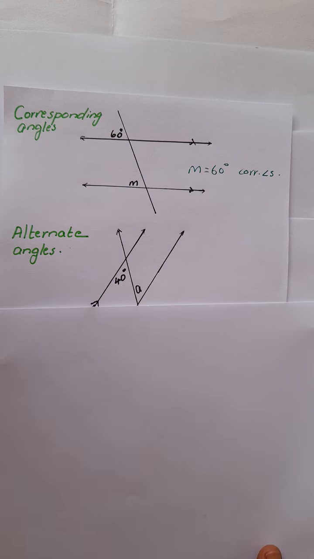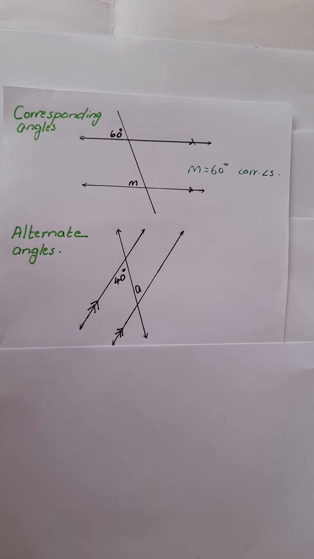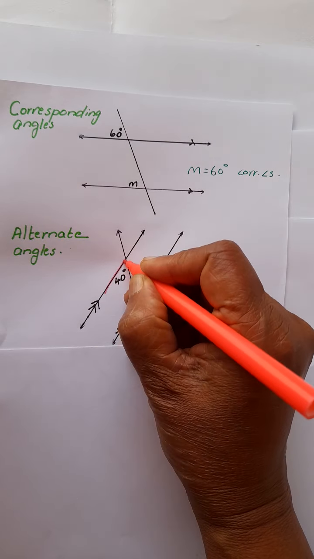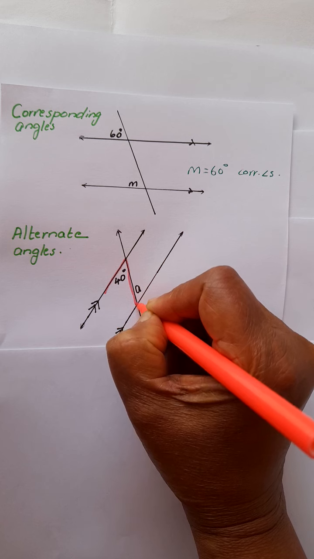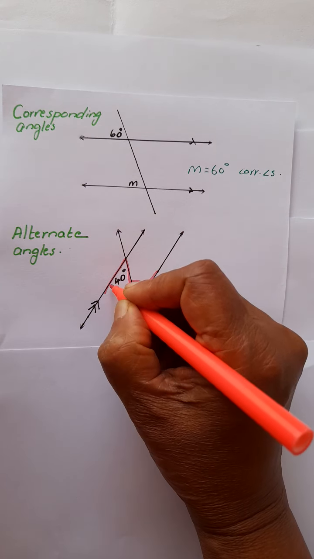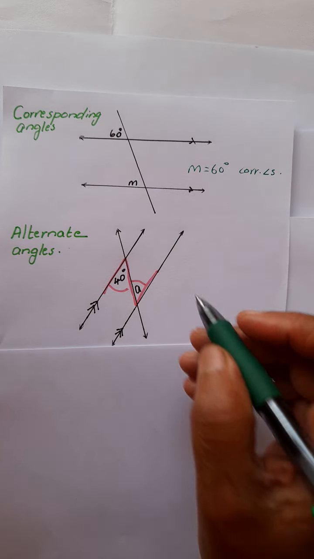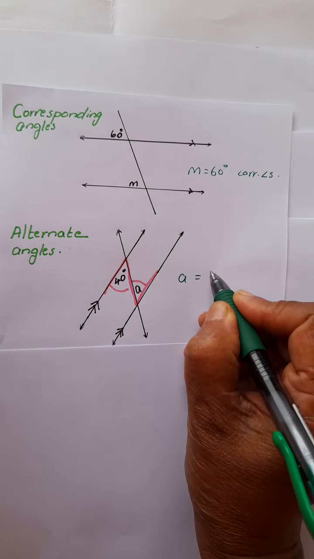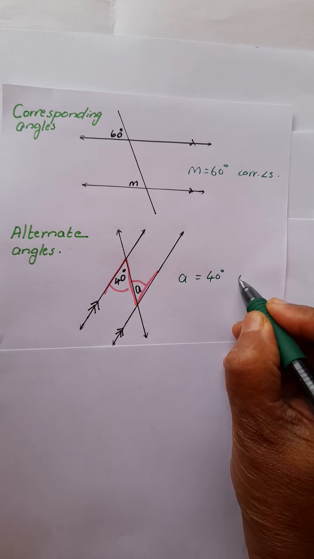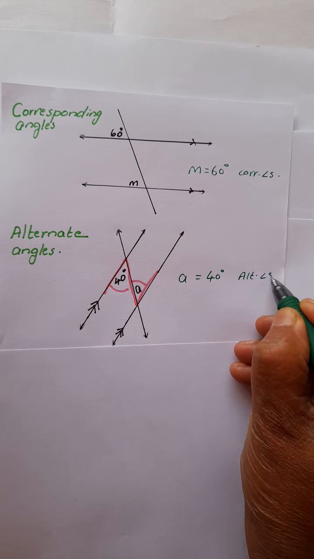Coming to the alternate angles, you can draw that Z, and these two are alternate angles, and they are equal. So we can write A is equal to 40 degrees because alternate angles are equal.